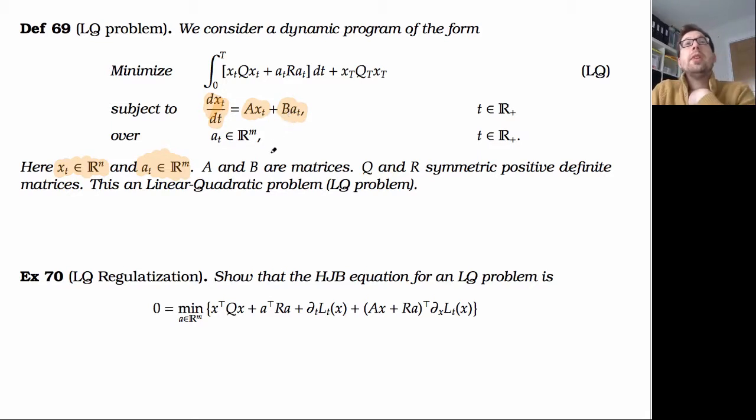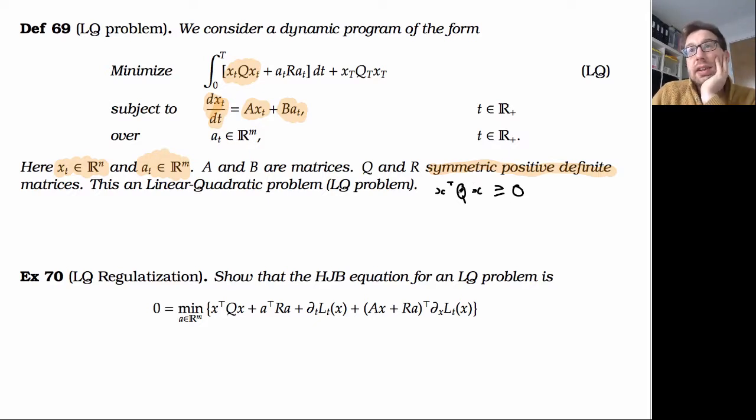Further, we look to minimize the cost, which is given by essentially x_t^T Q x_t. So we have some matrix Q, and we apply the state vector to either side of that matrix. We're going to assume that it's a symmetric positive definite matrix. Remember that a matrix is positive definite if, when I apply some vector to either side of it, it always gives me a positive answer for non-zero vectors.